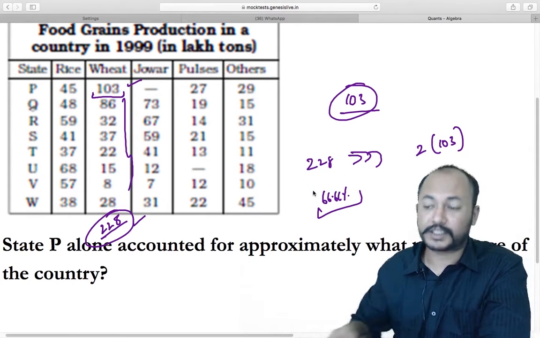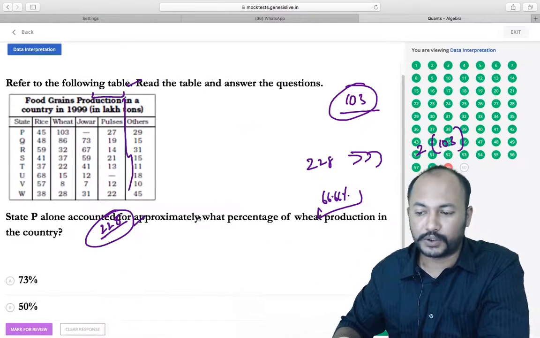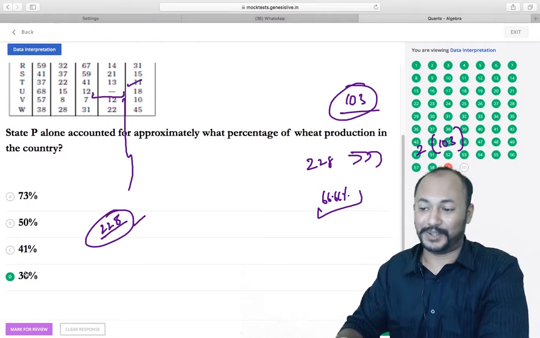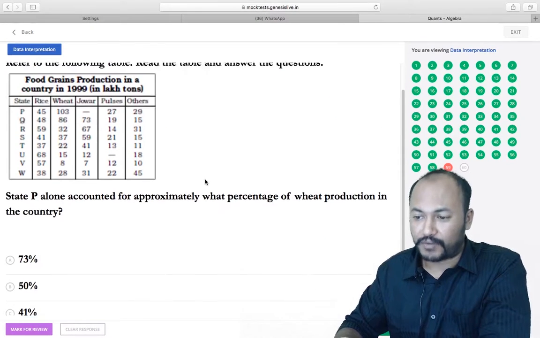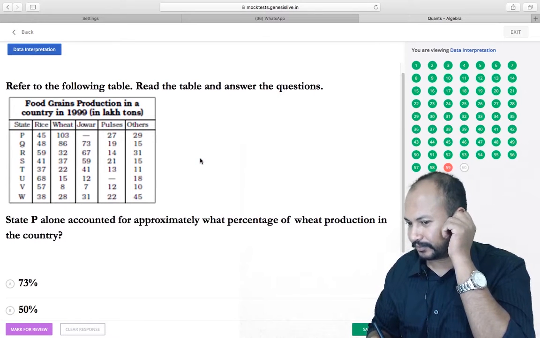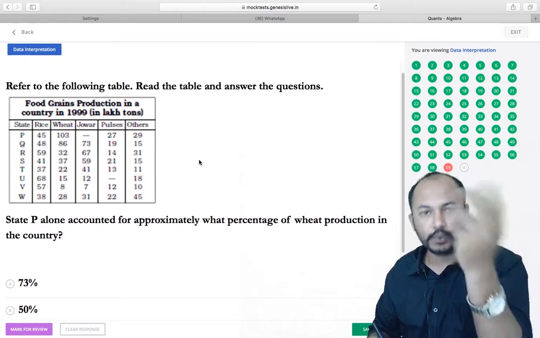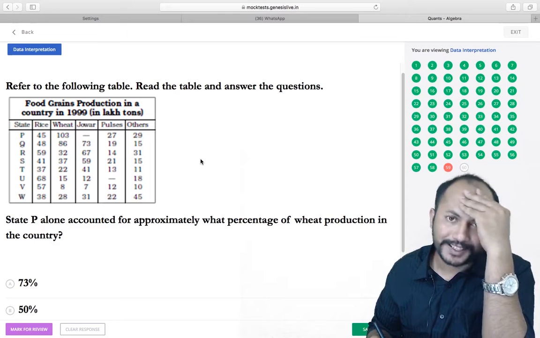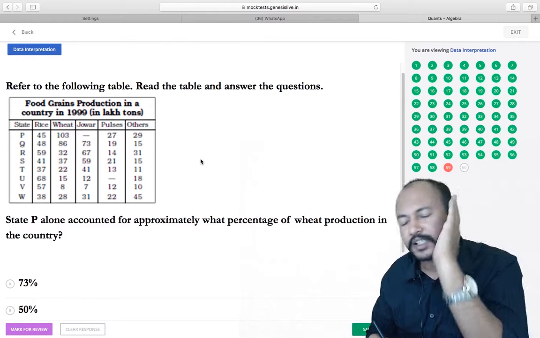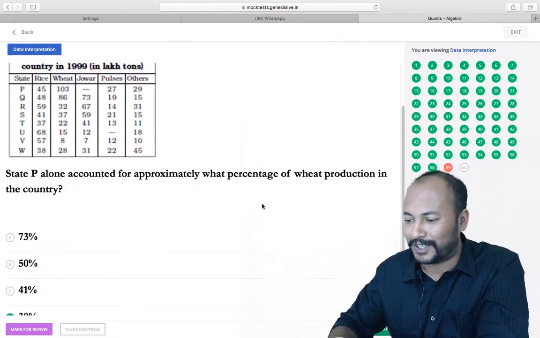So if it is more than 66.66%, the only option you can go for is 30%. Directly, if you have to solve, you just have to add 103 to 228, and divide 103 by 103 plus 228. Do it, definitely you will get 30%. I will not do that now.